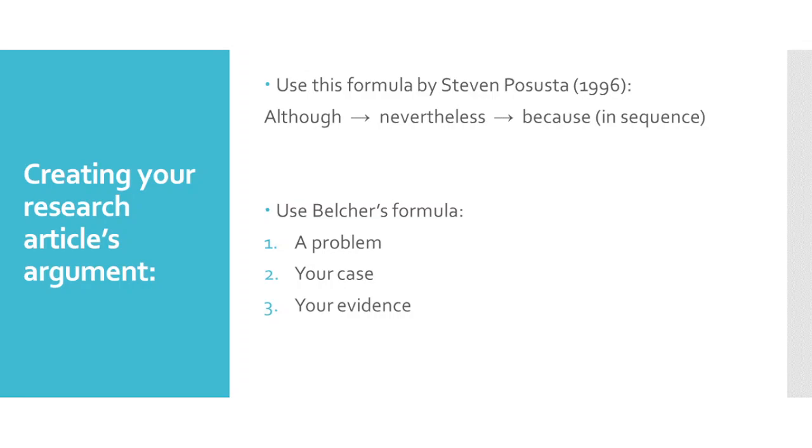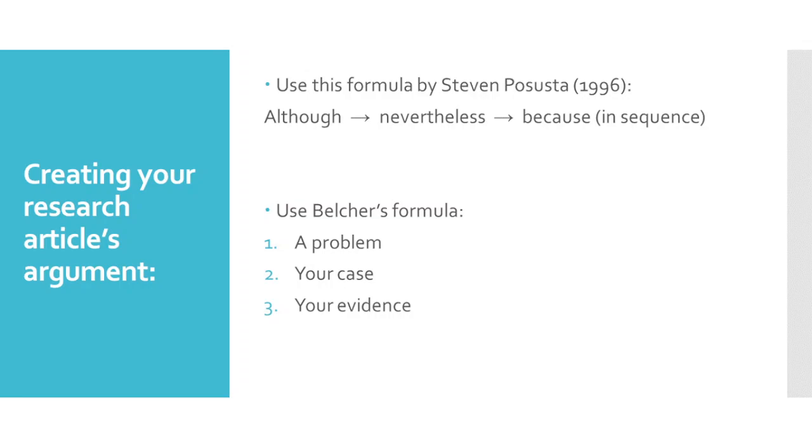It is about citing an idea already available, taking a stand, and then providing evidence to back it up. So you can use these words to start the sentence, make a statement about it, and then back it up with evidence. Another method is by the author herself, Wendy Belcher, which proposes using three things in sequence.